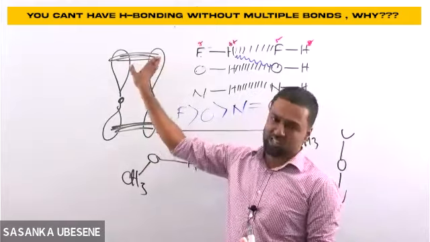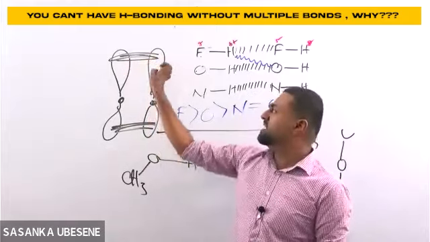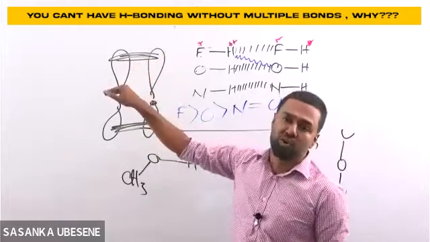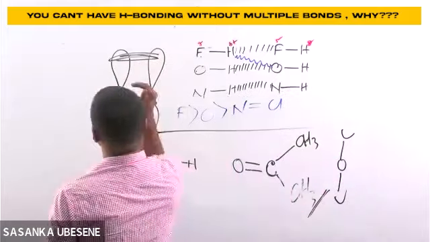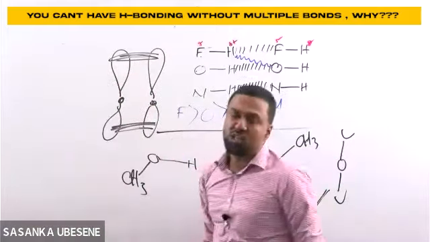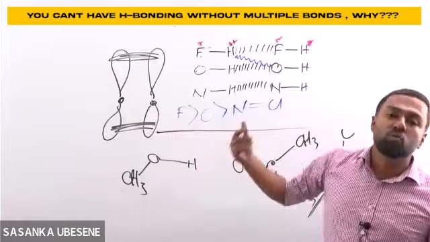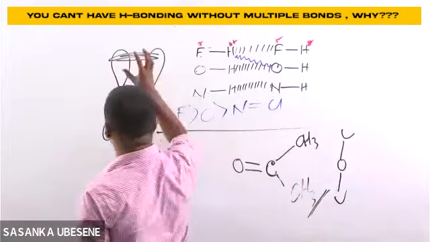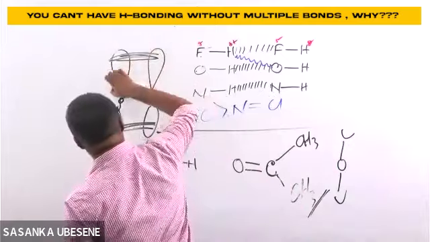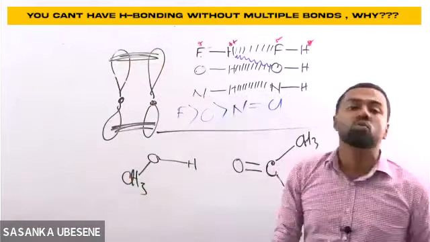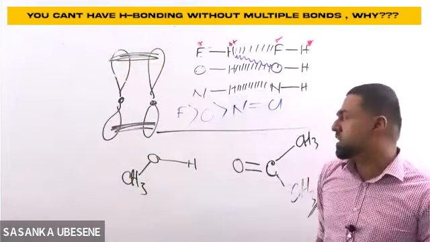When you have lesser attraction, then it is easy to polarize. Even for an external species, the electron cloud is easy to polarize.